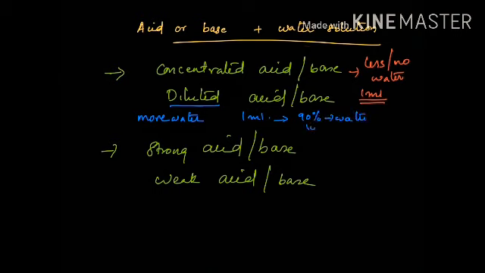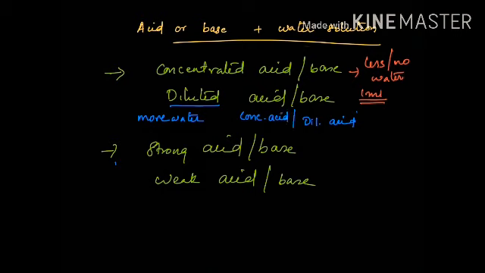Being very diluted means it contains only 10 percent acid or base in it. So that is what we call diluted acid or base. It will contain a lot of water content. We won't write it fully; CONC is enough for concentrated, and DIL is enough for diluted.